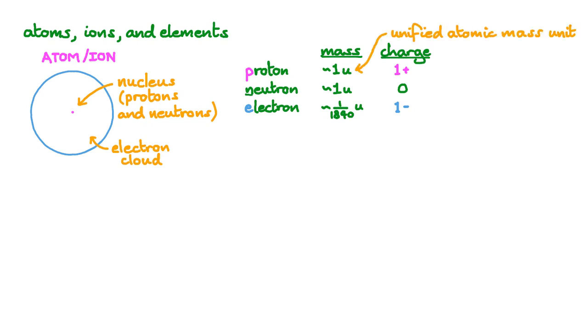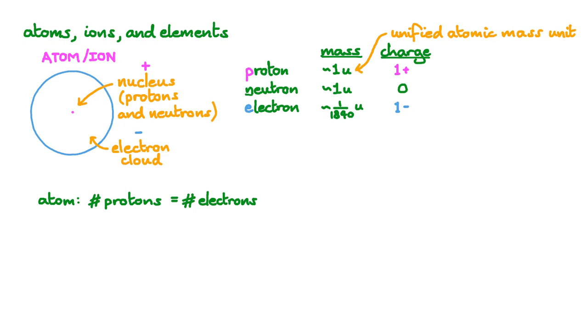The unified atomic mass unit is like the atomic mass unit, and we'll come to the full definition later in the video. Since protons are positively charged and neutrons are neutral, nuclei are positive overall. And since the positive nucleus will attract negatively charged electrons, we often find electrons around nuclei.